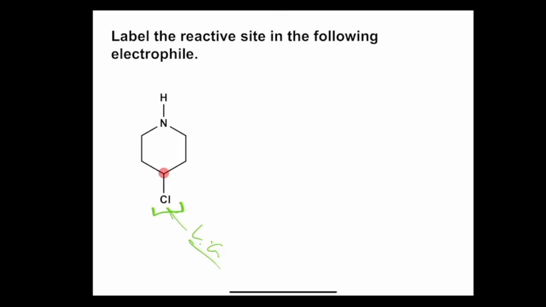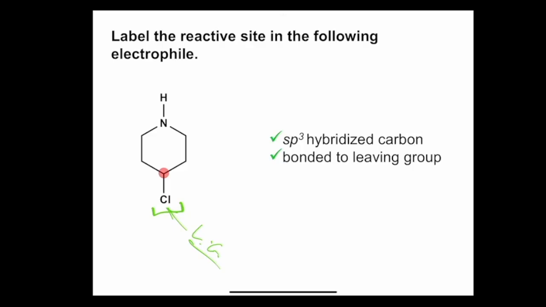Notice here, do I have another atom with lone pairs in this? Where? Nitrogen. That's just coming along for the ride. That is not part of what I have to consider. It's calling this thing a leaving group and focusing on one center. My eye should be drawn to the sp3 center directly attaching to whatever I'm classing as my leaving group. Again, halogens are your major ones you're looking for.